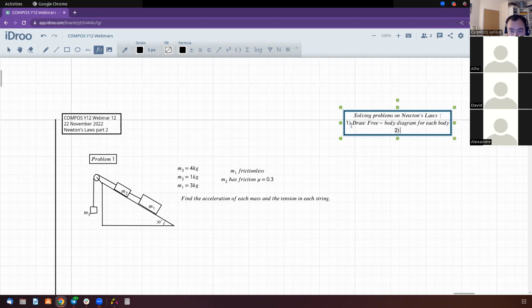Step 2, write Newton's 2nd law for each body. Step 3, make a set of simultaneous equations.